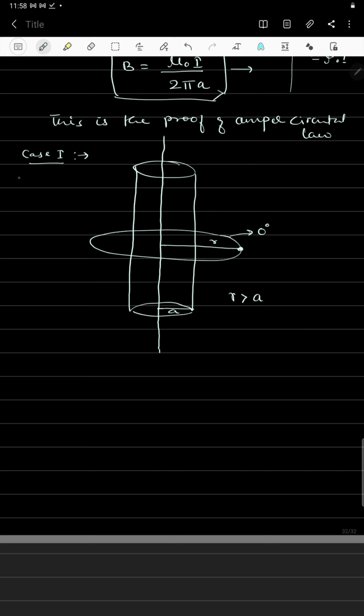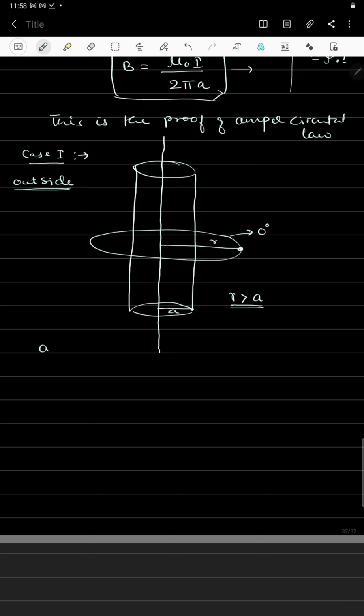First we are finding the field outside the conductor. It is not necessary, but we should know how the magnetic field behaves, whether it is increasing or decreasing outside the conductor and inside the conductor.